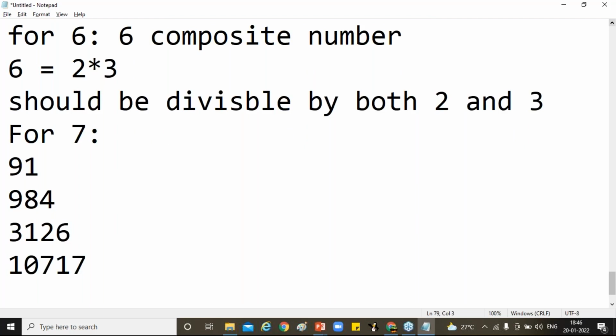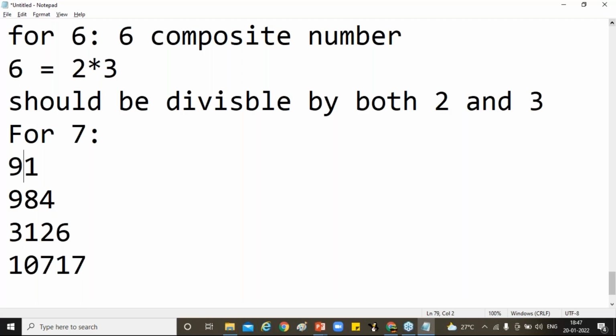If we have to take this type of numbers, remember this. Write down.